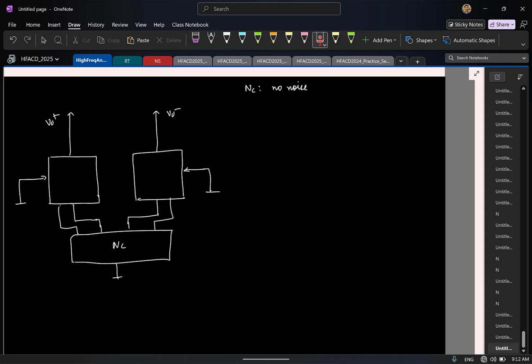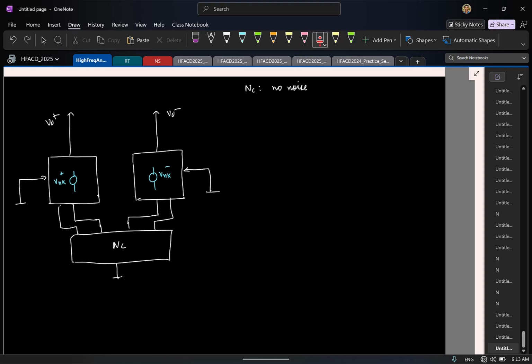So let us say in the half circuit here I consider a MOSFET, and let us say the noise of that MOSFET I model it using an input referred noise voltage, let us call it VNK plus, because it is in the positive side. Similarly here I'll have another, similar MOSFET. I'll model that noise also using a voltage source. I'll call that VNK minus, because it is in the negative half.